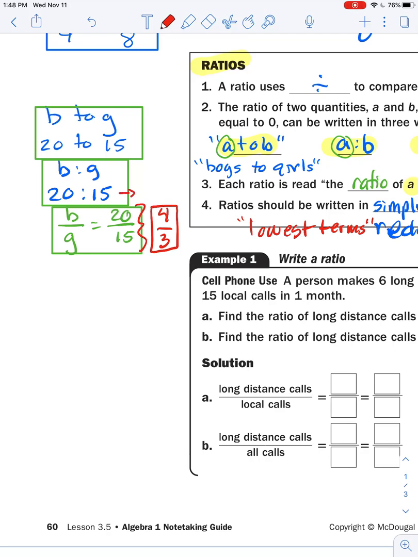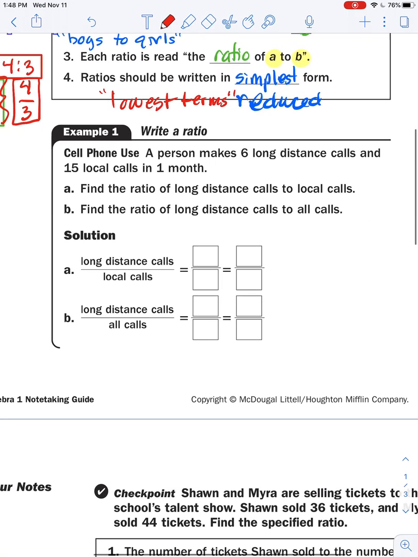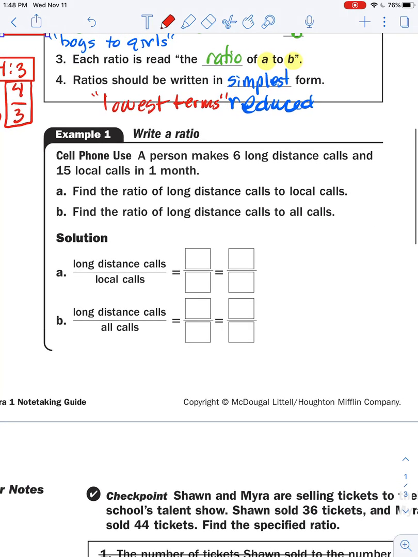So the simple form would be 4 to 3. Same thing here. 5 goes into 20 4 times and into 15 3. So I would read that as 4 to 3, but it would be written as a ratio with a colon rather than as a fraction. And then same thing up here, I would write it as 4 to 3. So you want it in lowest terms, kind of reduced fraction, simplified form, whatever term makes the most sense to you. So what does that look like?